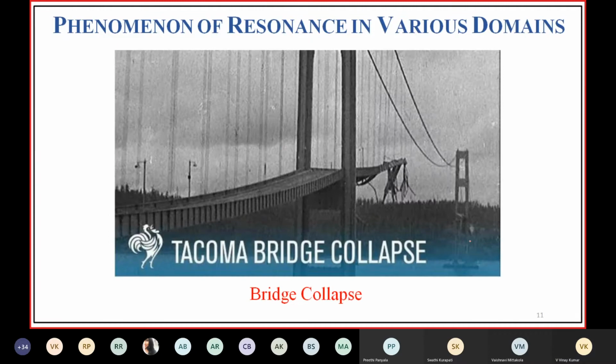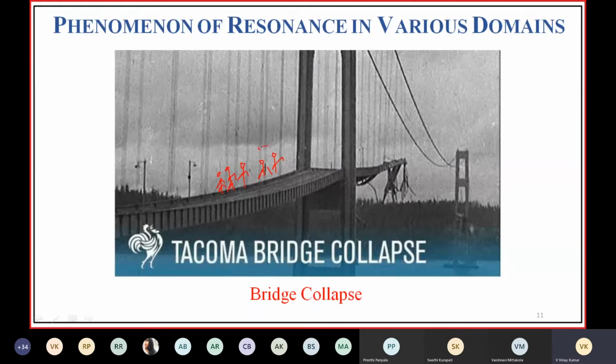Next, coming to this phenomenon of resonance, the Tacoma bridge collapse. Here, a group of soldiers while marching on the bridge.